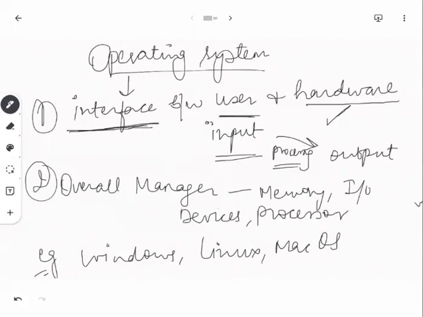All these are the operating systems which are providing you the interface. So if we talk about one word substitute for an operating system, that is this interface. You can easily say that this is the interface between the user and the hardware.